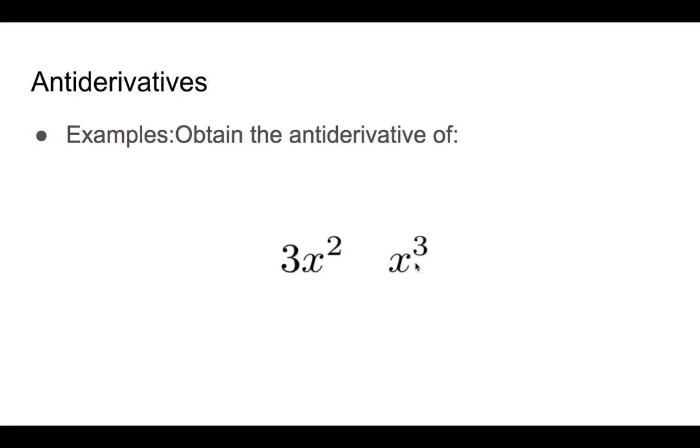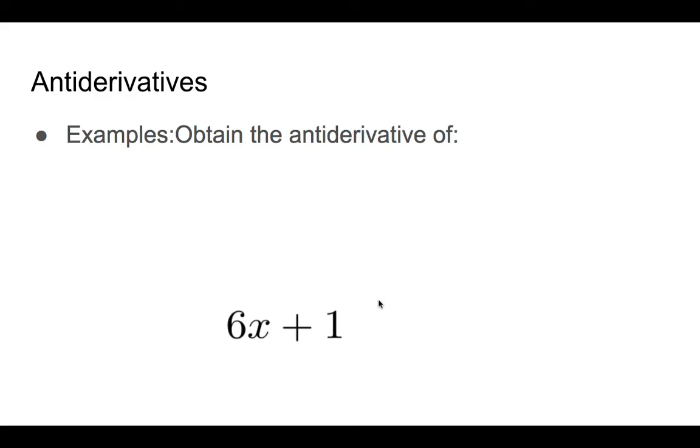Simple enough, x to the 3, because if you were to get the derivative of this, the 3 comes down, the power of 3 becomes a power of 2, and you get these things. So we're just assuming that the functions we're given are already the result of differentiation, are already the derivatives of some functions, and we are looking for these other functions.